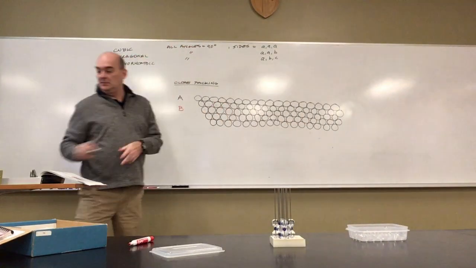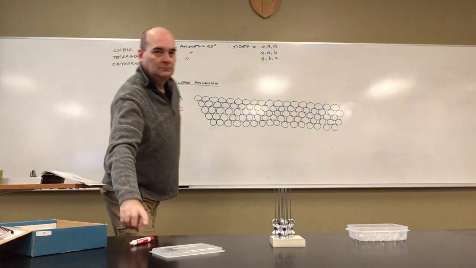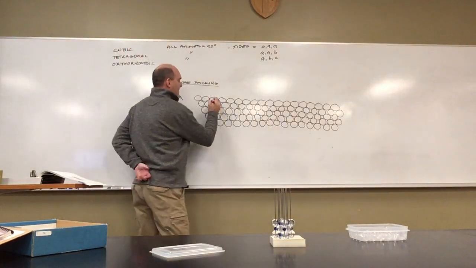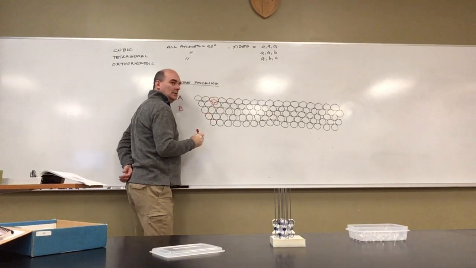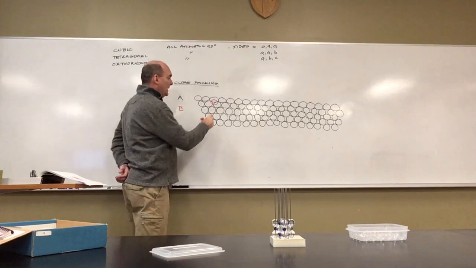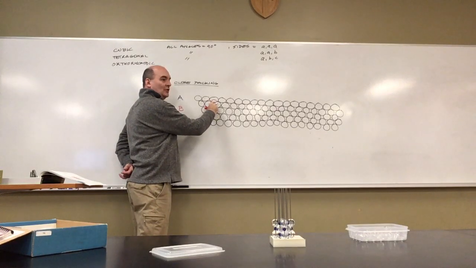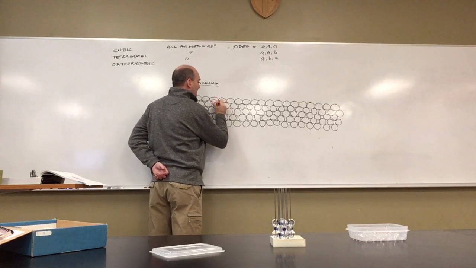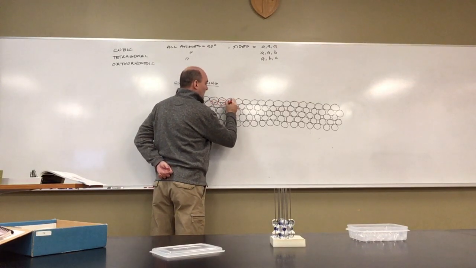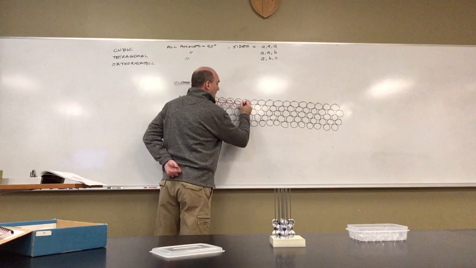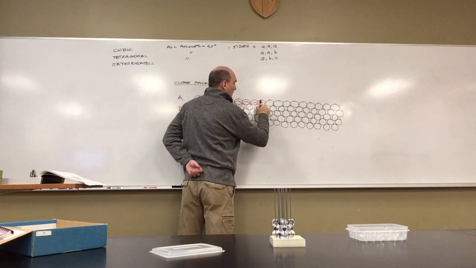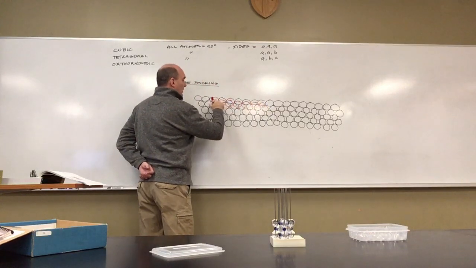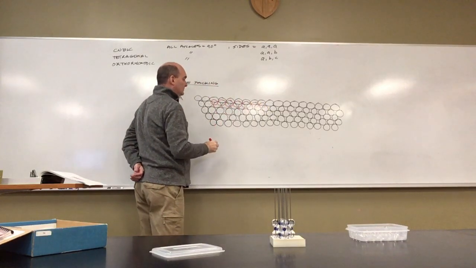So B goes here. And it sits right on top of that gap. And if I draw enough of them, they should all be centered on that gap.